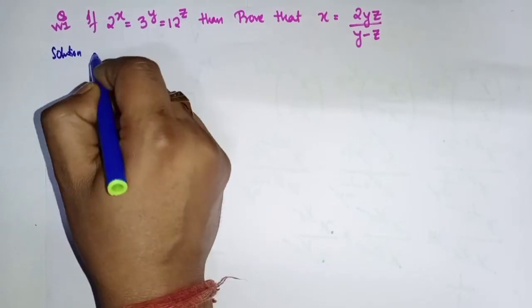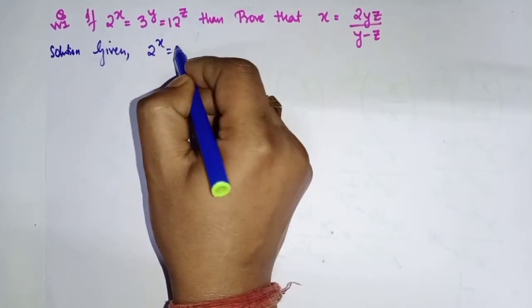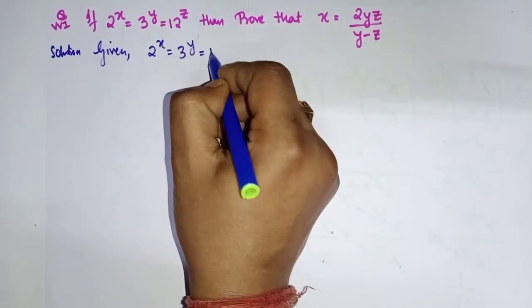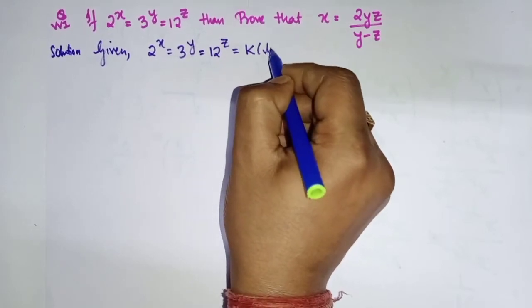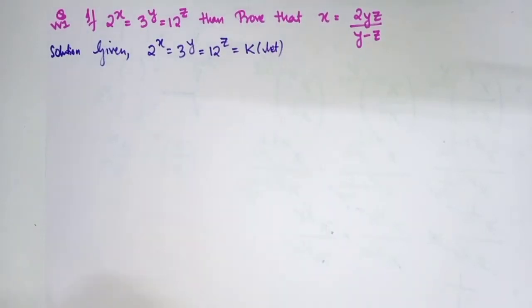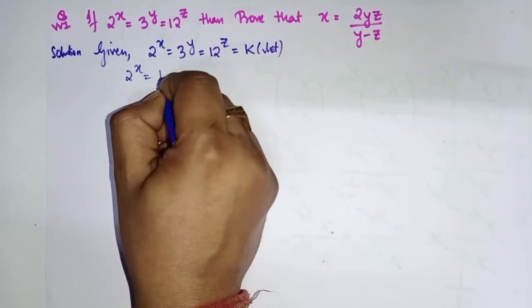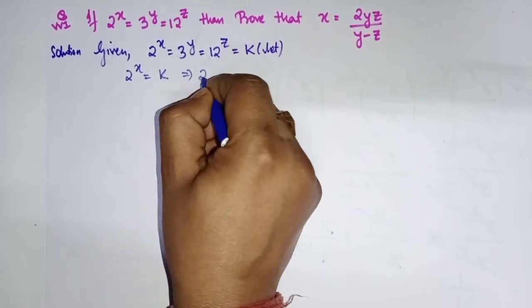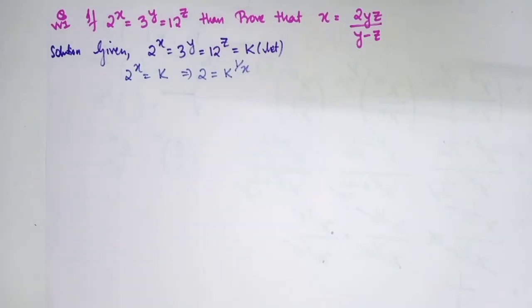Solution. Given 2 to the power x equals 3 to the power y equals 12 to the power z equals, I'll take, k. So let this be k. Now 2 to the power x equals k, which implies 2 equals k to the power 1 by x.